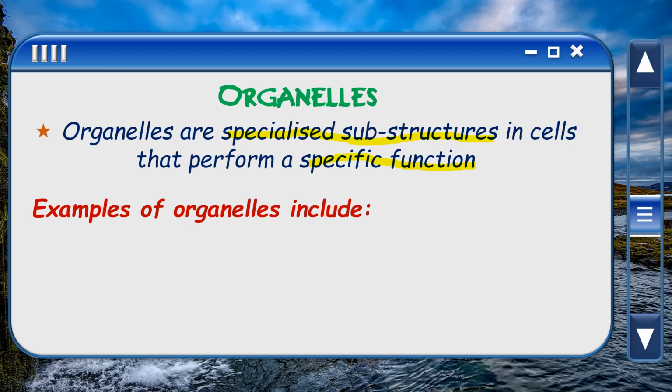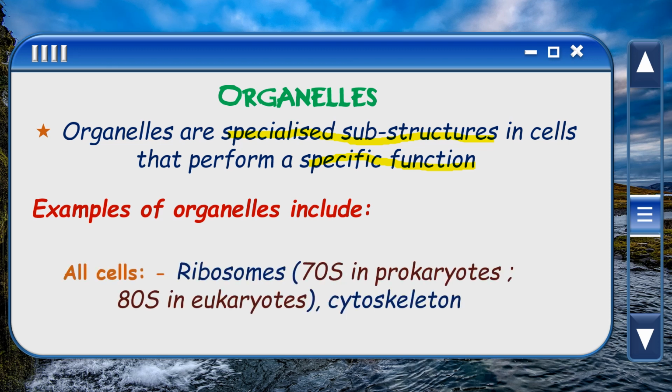We shall give some examples of organelles. All cells have what we call the ribosomes. For example, prokaryotes have the 70S, and eukaryotes have got the 80S. They also have the cytoskeleton, which is found in the cytoplasm.